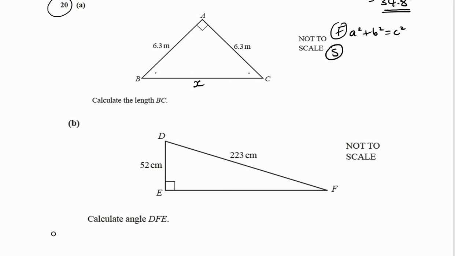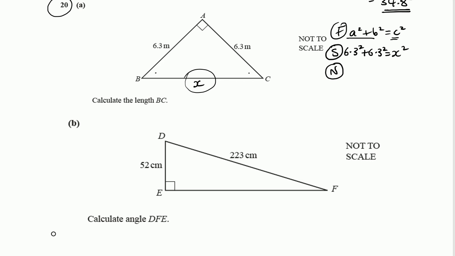So we need the two shorter sides to go together, and the longest side will survive by itself. Remember, the right angle points at the longest side. So x is the longest side, and that's the one that's going to go by itself. The two shorter sides are therefore a and b. So I've got 6.3 squared plus 6.3 squared equals x squared.